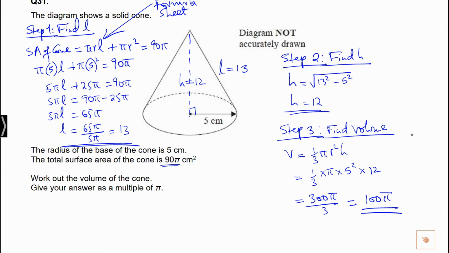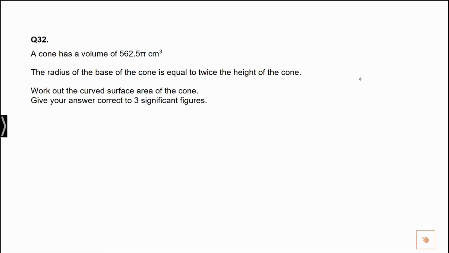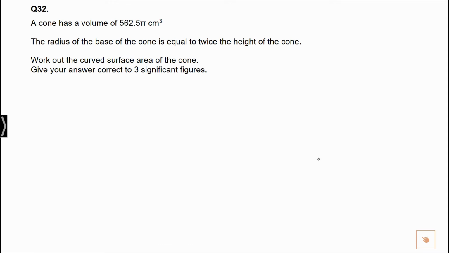Okay, next question. Number 32. So here it's like the reverse of what we've just done. Here we are given the volume and we're given the ratio of the radius and the height.